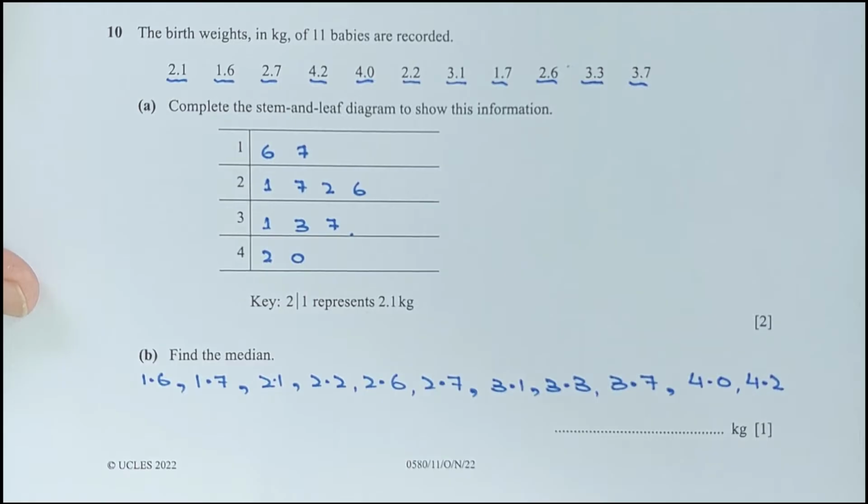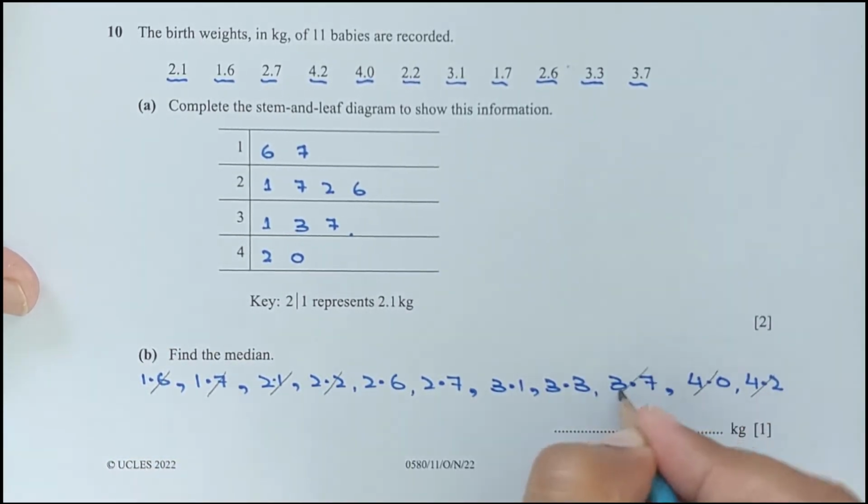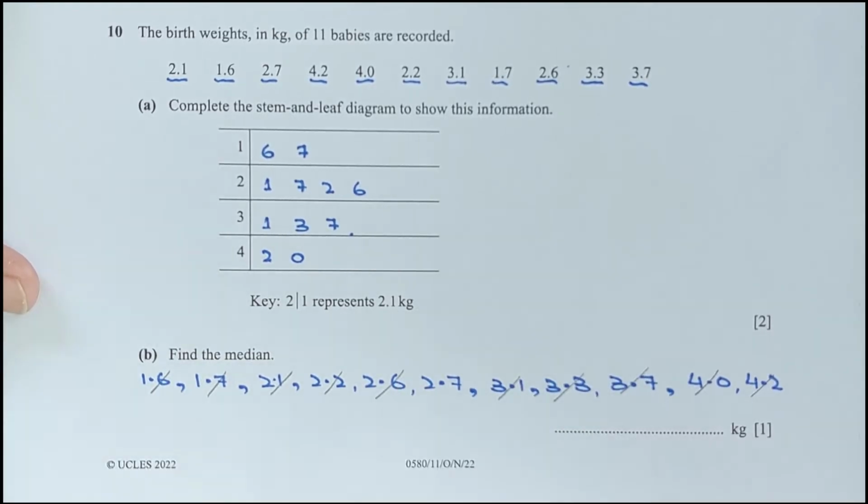Let me find the middle value. 1, 2, 3, 4, 5 on each side. So 2.7 is the middle. 2.7 kilograms is the median.